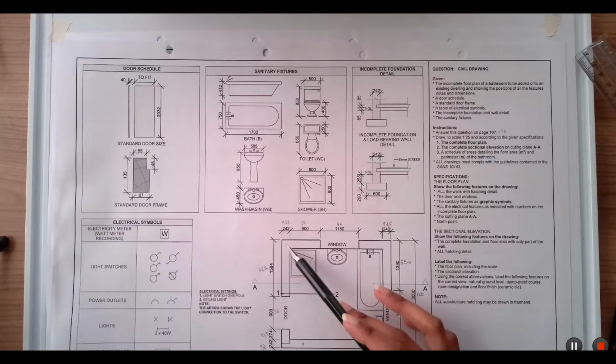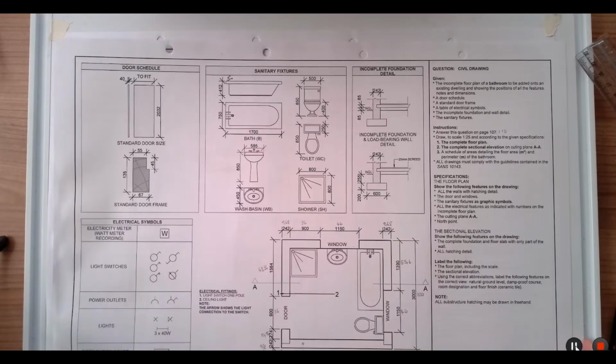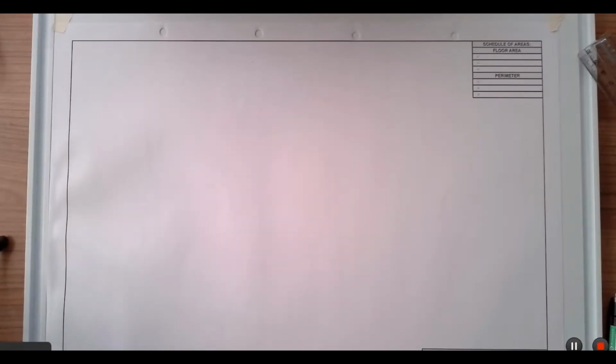So I'm going to get started with drawing our walls. As you can see, the wall thickness here is 242. So we are not given a starting point in this drawing. I'm going to just ensure that I start here so that I can project up for the sectional elevation.